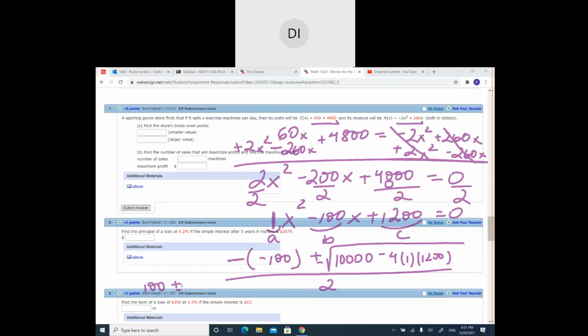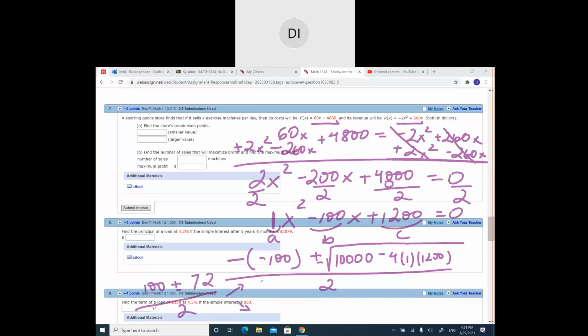It says the answer is in dollars. So when I take the square root of that, it's going to be 72.111, but we're talking about dollars, so it's going to be 72. And everything over 2. So from here, we're going to split it.